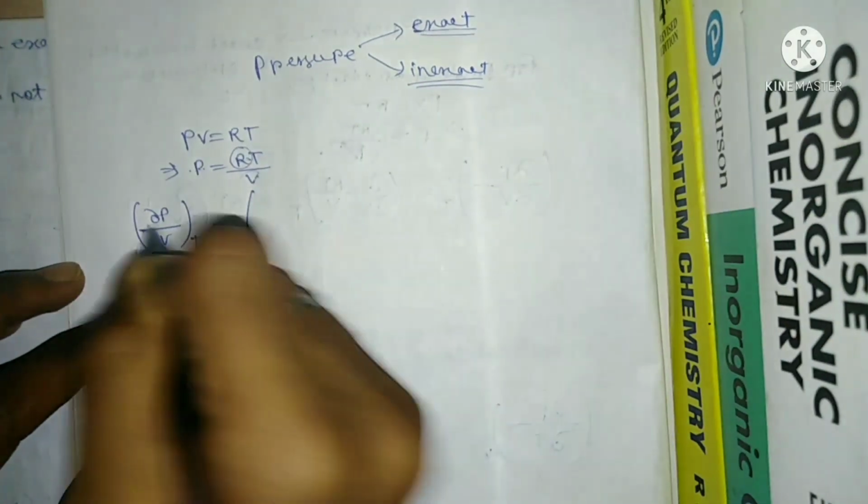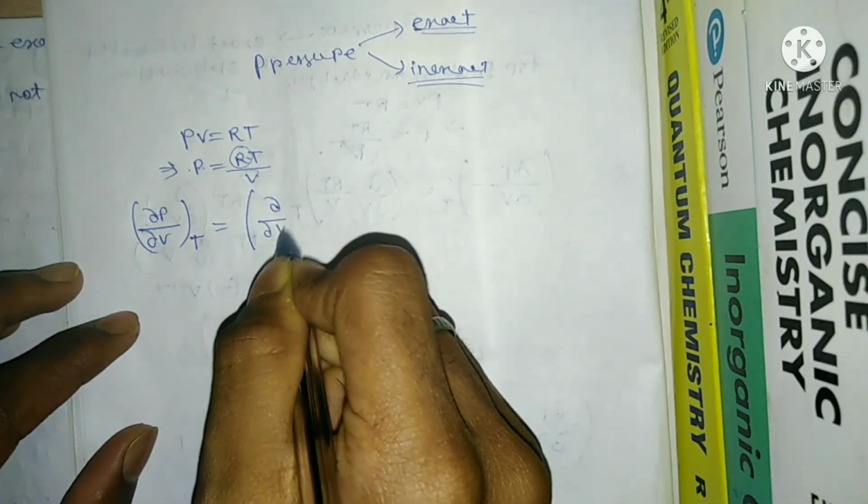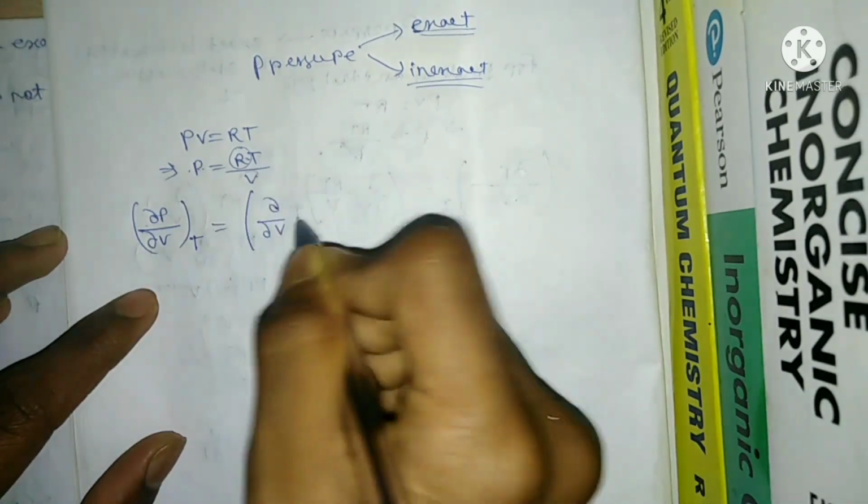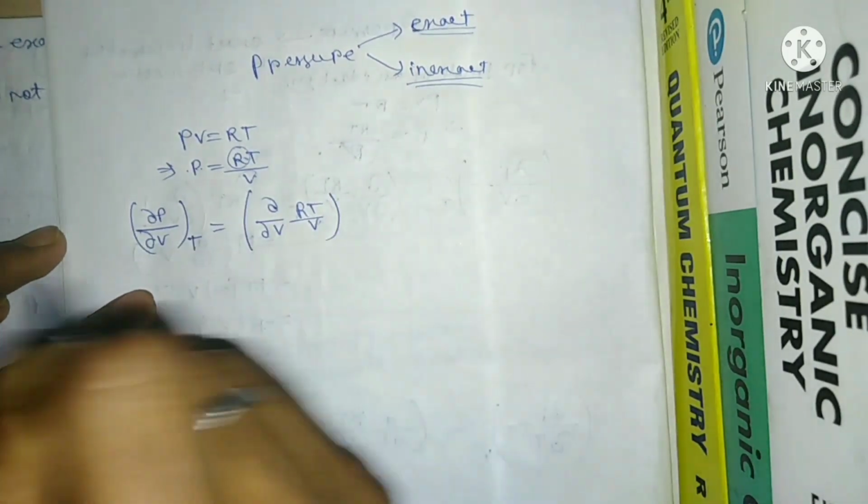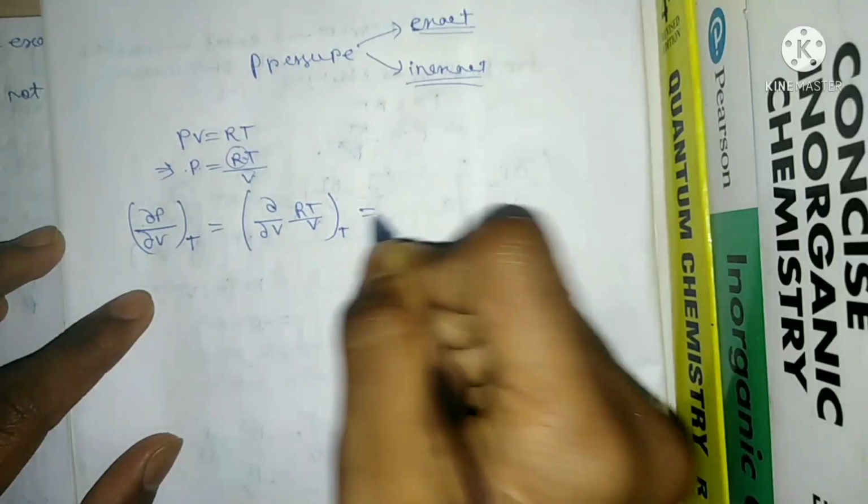Now ∂P/∂V is what? RT by V at constant temperature.